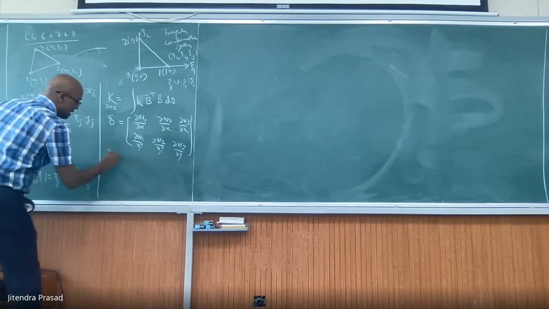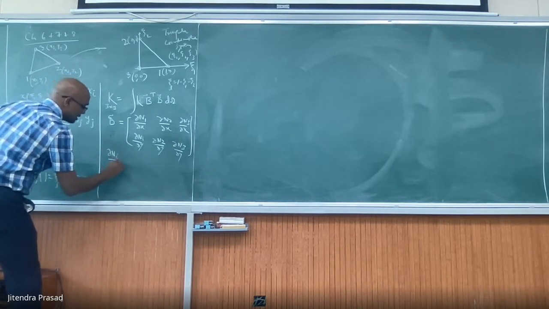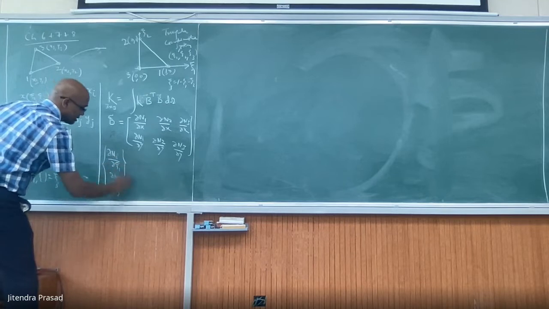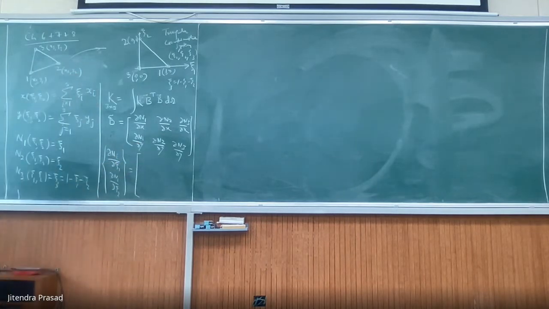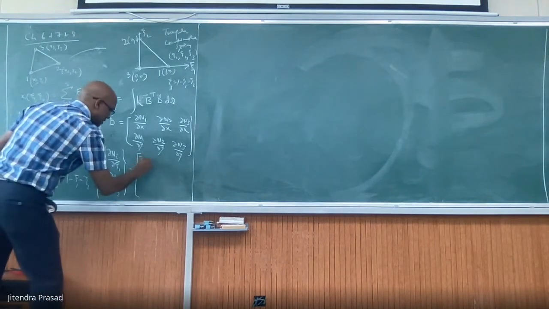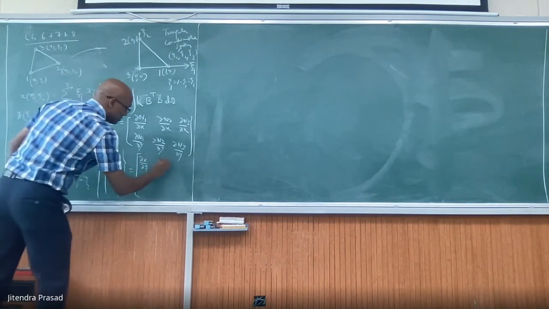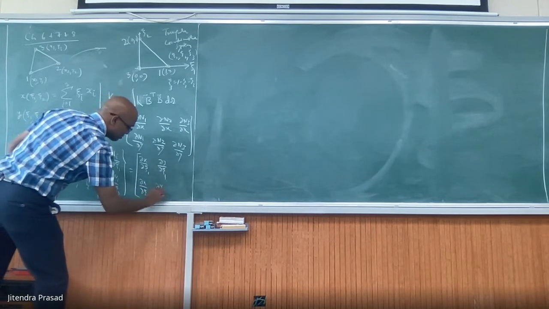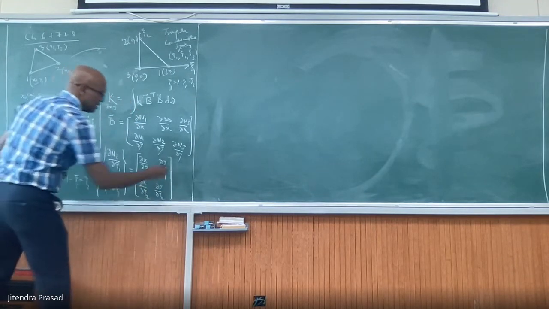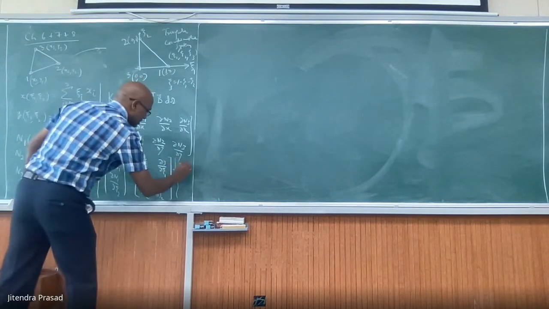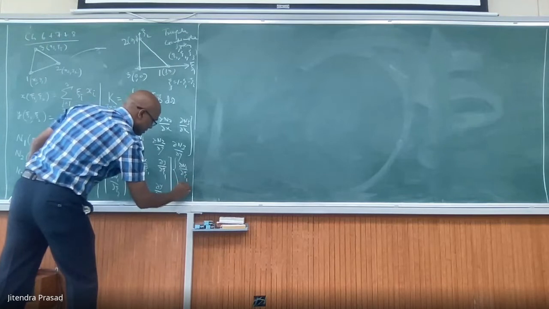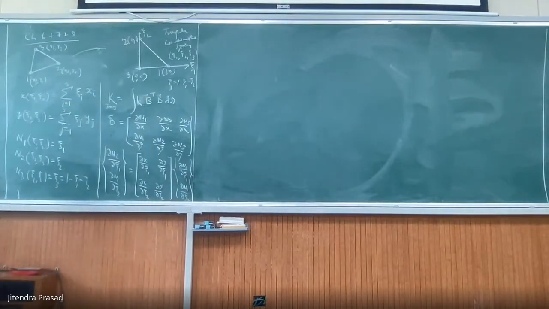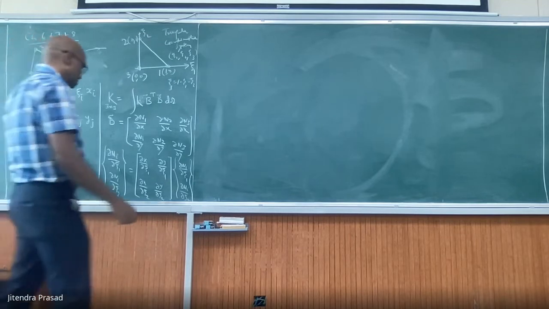You remember del N_i over del xi1 and del N_i over del xi2 is equal to the matrix with del x over del xi1, del y over del xi1, del x over del xi2, del y over del xi2, multiplied by del N_i over del x and del N_i over del y.